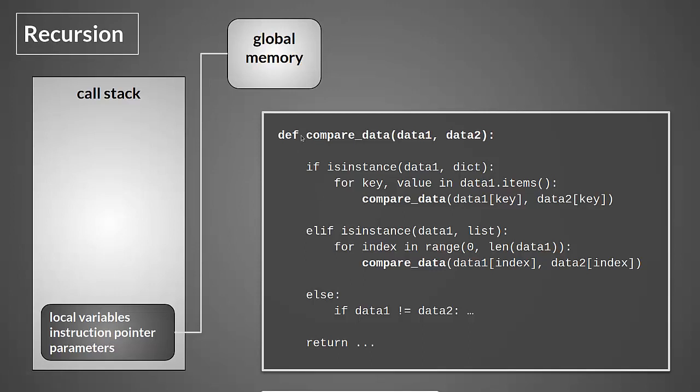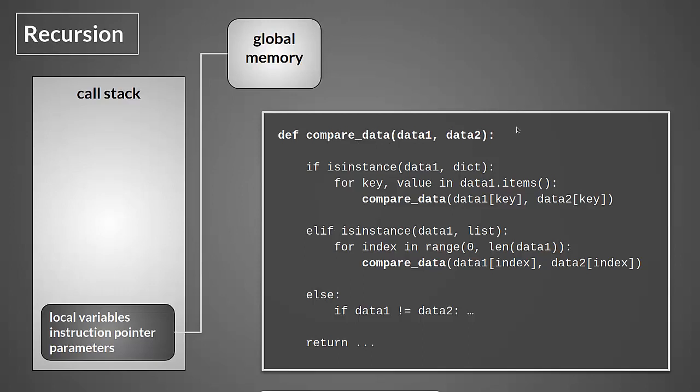The second thing would be the instruction pointer. That is, whoever called this, we need to be able to resume back where we were. So you need to have that. And the last thing is local variables. If you define any variables that happen to be local, that are only of interest within that function, then there's local variables here. So let's look at what happens in a situation where let's say somebody hasn't called compare data yet.